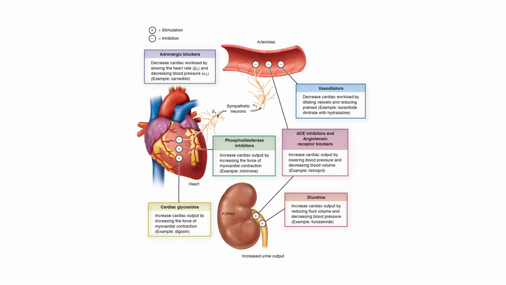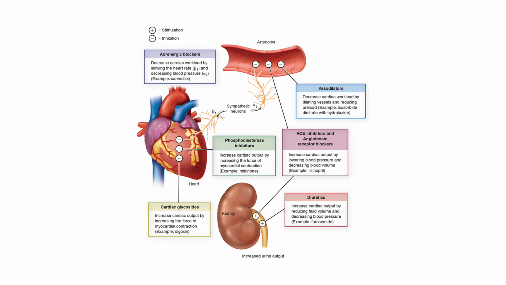So the vasodilator group. That's going to reduce the blood pressure, which is also called afterload. And a number of medications can be used for that. So we can use alpha-1 antagonists. And if you look at that, there's an alpha-1 there coming from the sympathetic neuron. So alpha-1 antagonists such as terazosin or prazosin, they'll help vasodilate the arterioles.